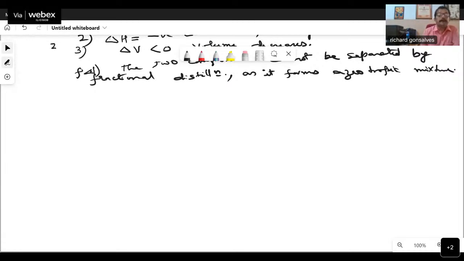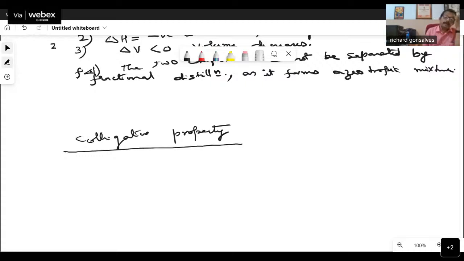This is the topic. Now in the remaining time, I will introduce what is colligative property. These are very special properties. Colligative properties are special properties.